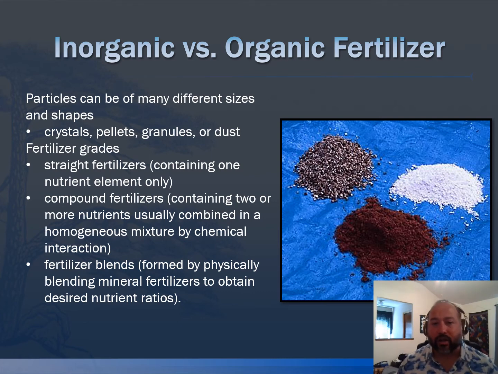There are fertilizer grades. Straight fertilizers contain one nutrient element only. Compound fertilizers contain two or more nutrients, usually combined in a mixture by chemical interaction. And fertilizer blends are formed by physically blending mineral fertilizers to obtain desired nutrient ratios.